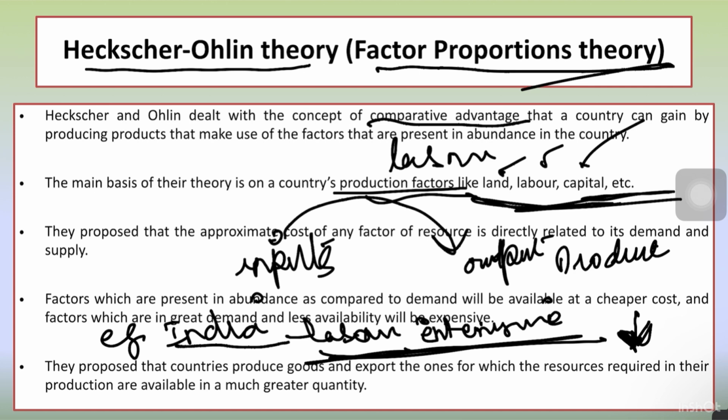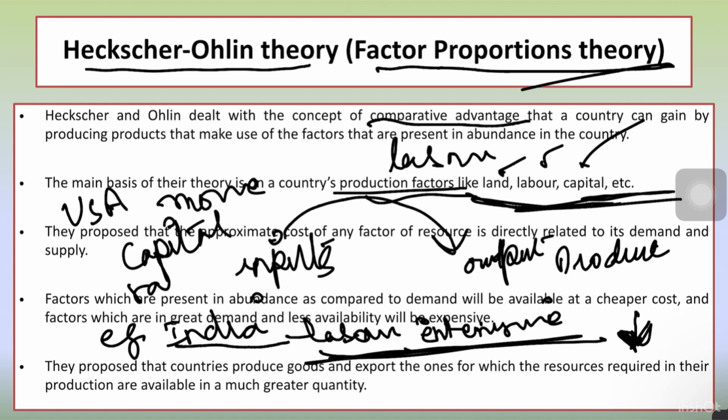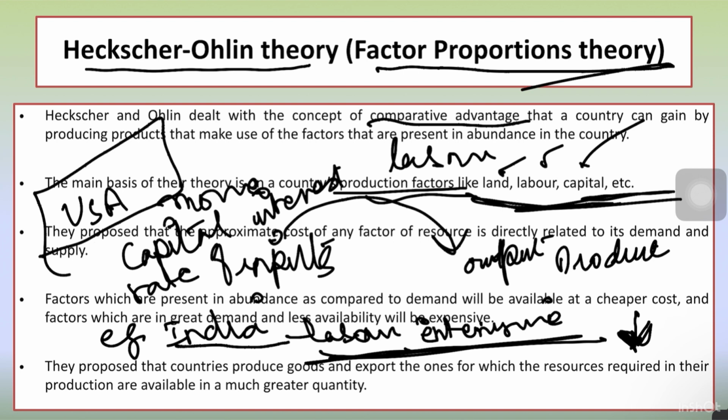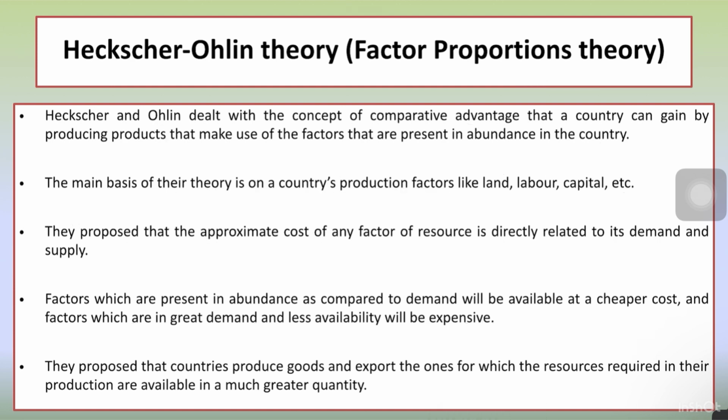And vice versa, countries like the US have more capital. Over there, the rate of interest on capital is less. Therefore, countries like the US can focus on capital intensive products. Clear?